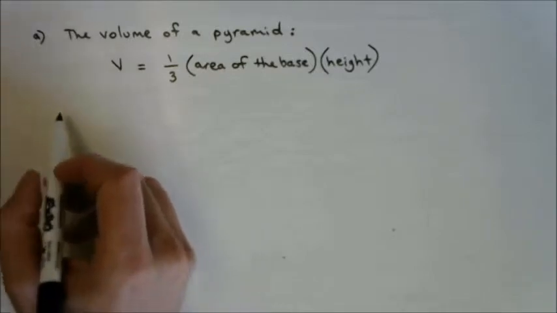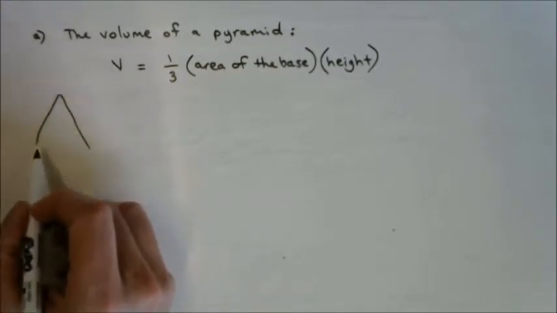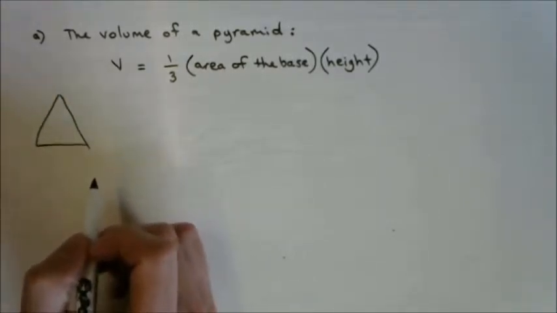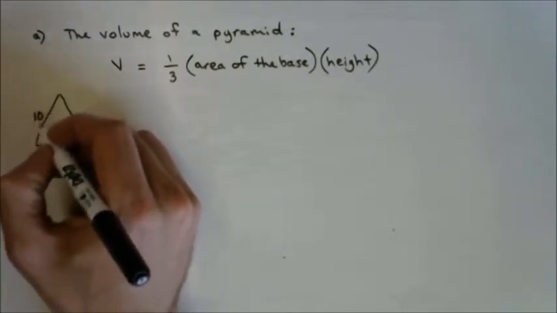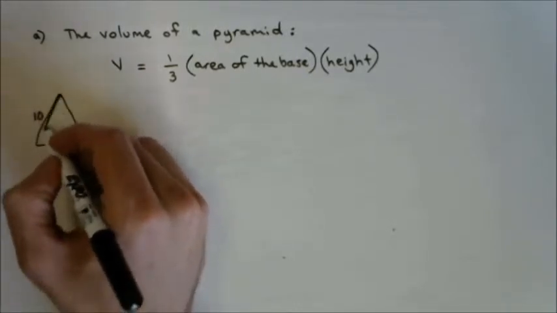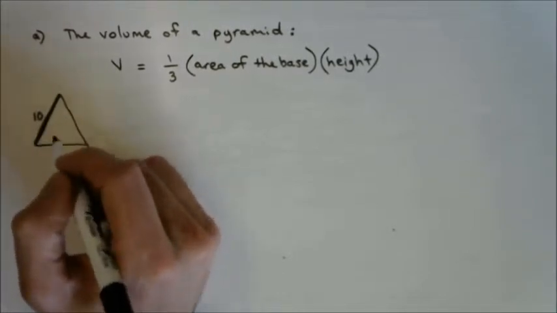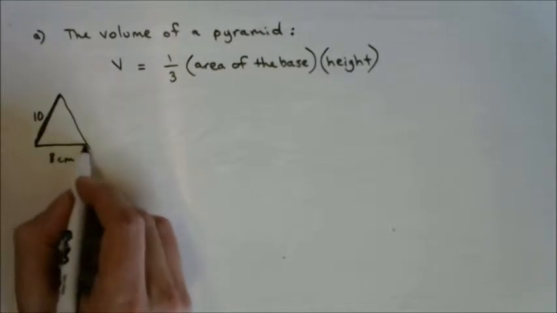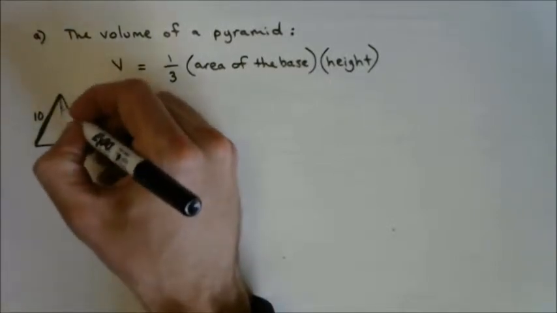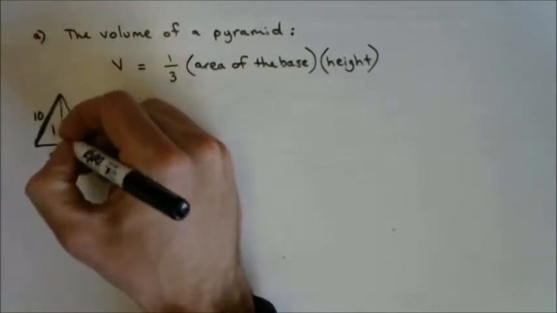So basically what we have is a diagram like this, right? If we cut that pyramid in half, we know that it's 10 centimeters up the slant of it, and we know it's 8 centimeters across the base of it, but we actually need the height.